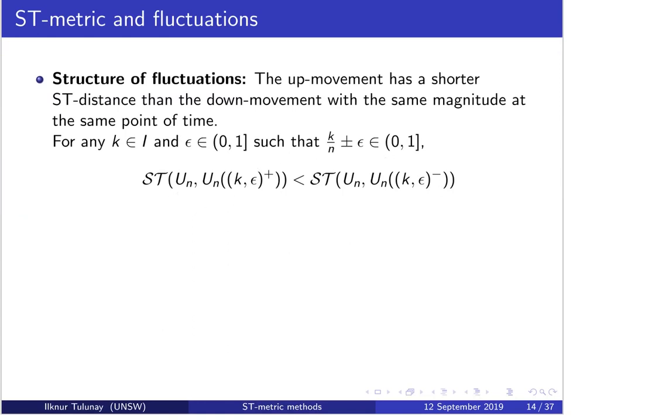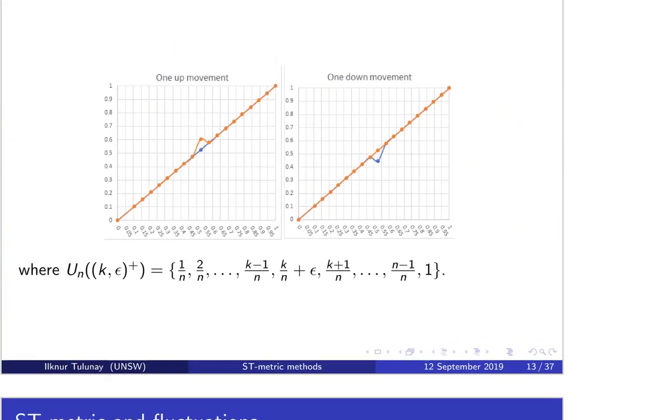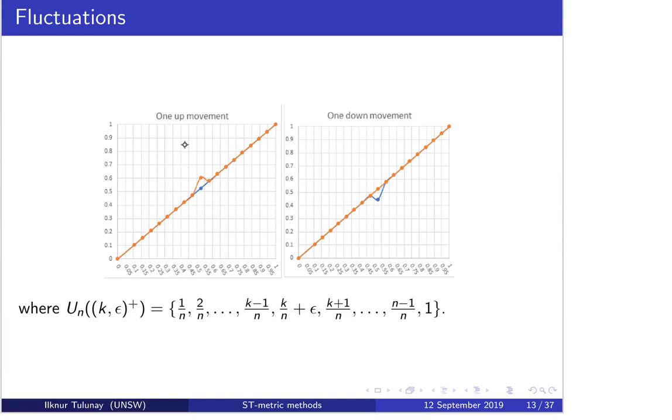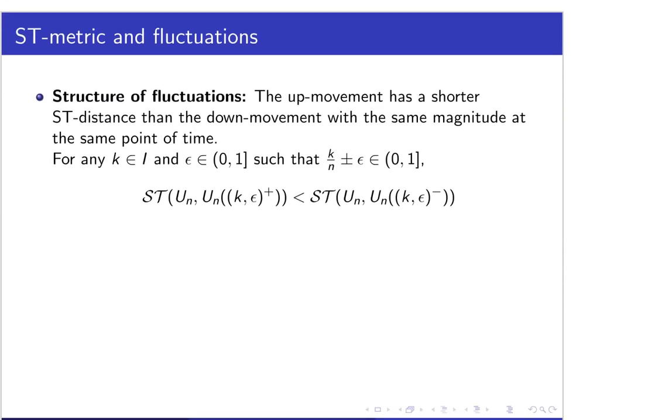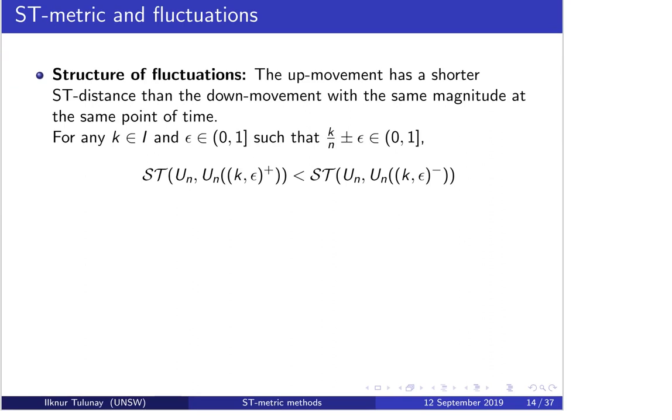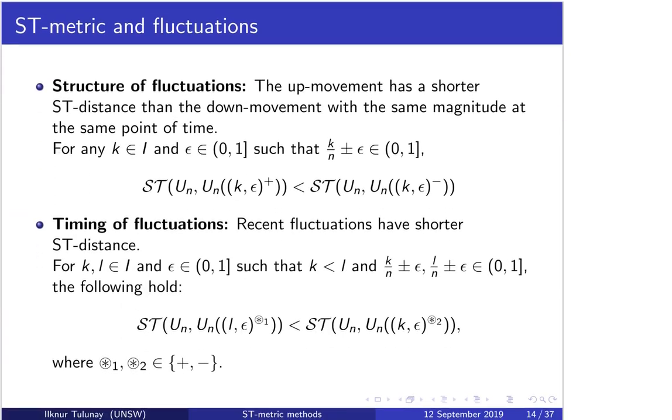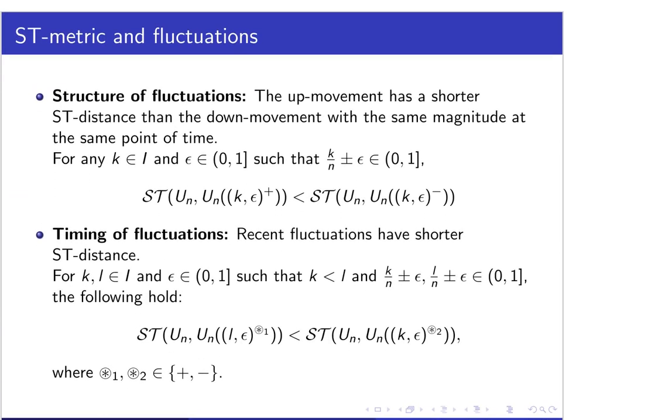So if I do that, I realize, and this is what I proved, that the ST metric differs for these values. Everything is exactly the same, but the ST metric you get from this picture is different from the ST metric you get from this picture. This property I called the structure of fluctuations. And the timing of the fluctuation differs in the ST metric case as well. The time is the x-axis.